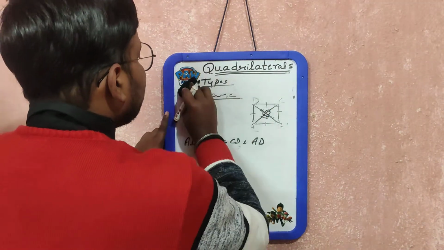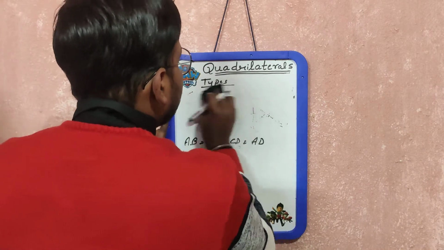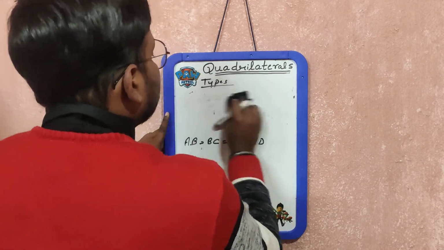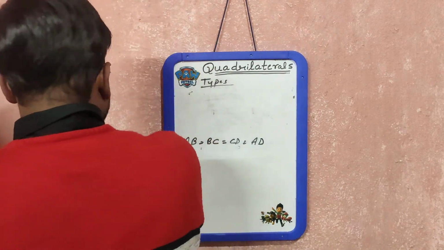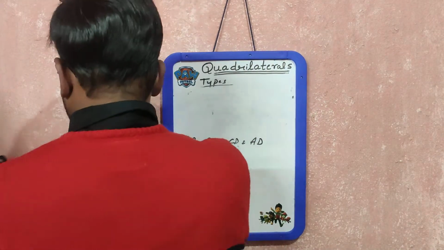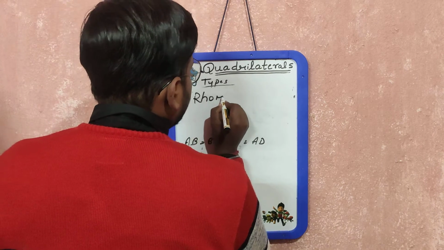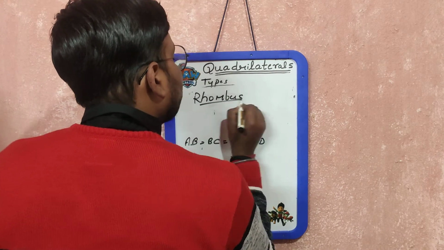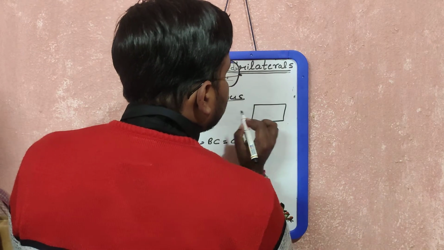Then the next figure we are discussing is rhombus. It is also a parallelogram. Let's draw the figure of a rhombus.